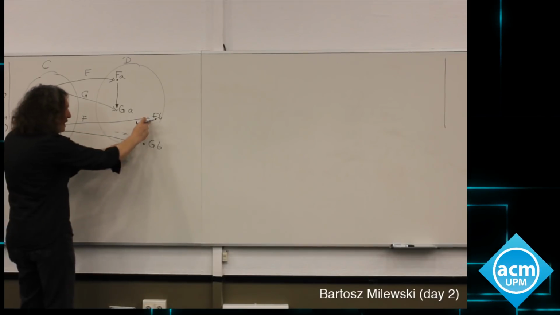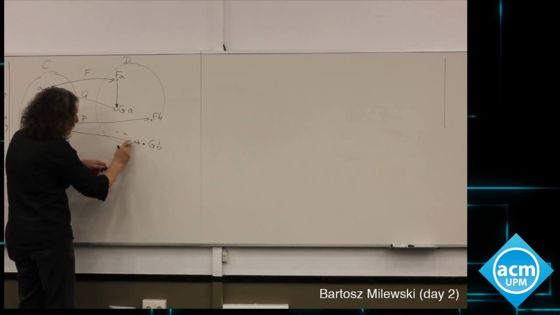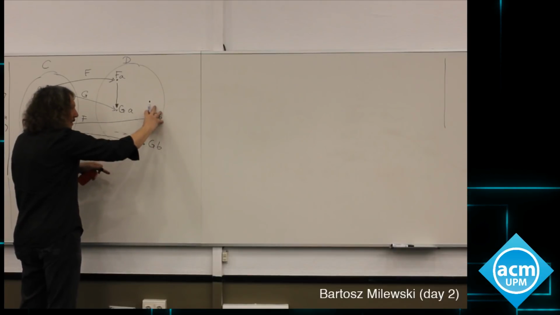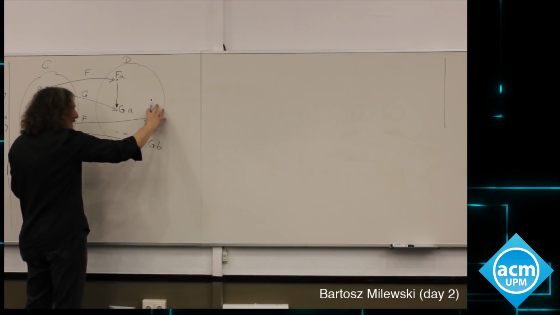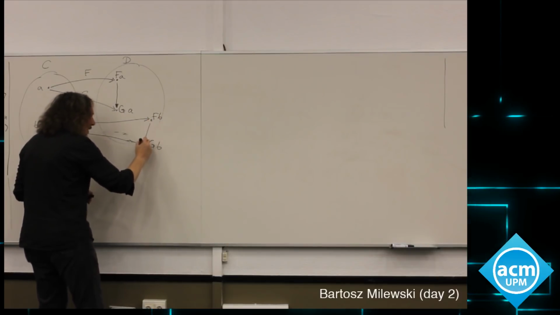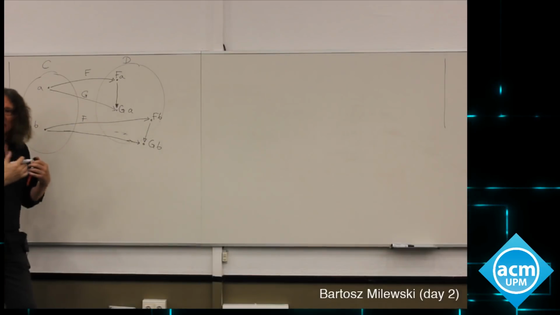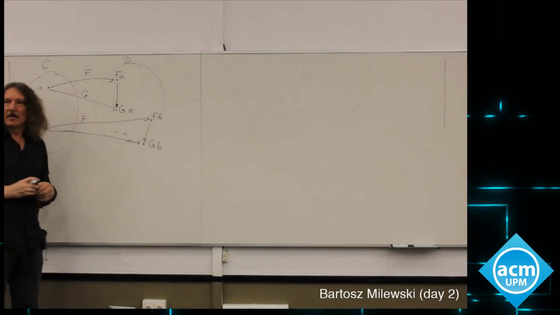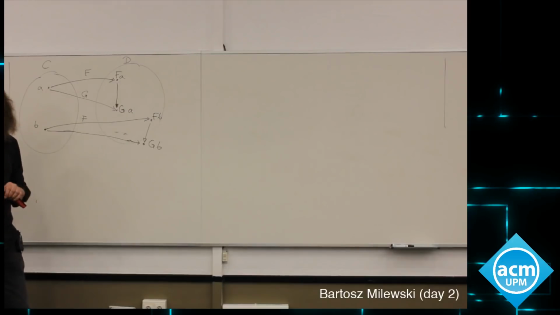So now we have another little part of this model that's generated by B. Here's FB, here's GB. If we want to compare these two, we have to find a morphism between FB and GB.